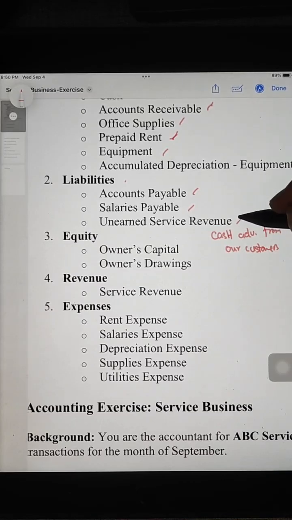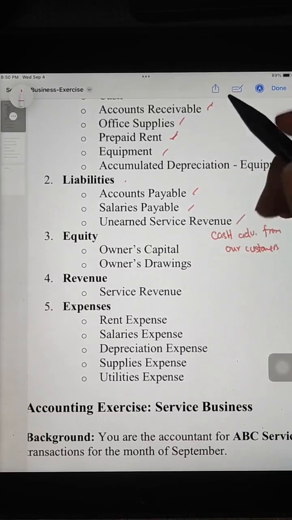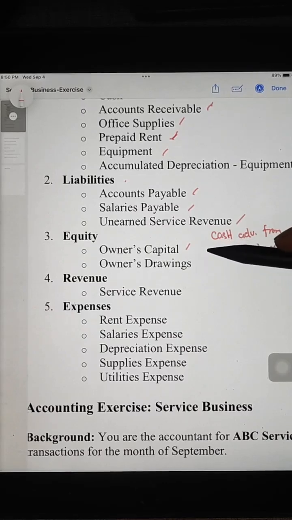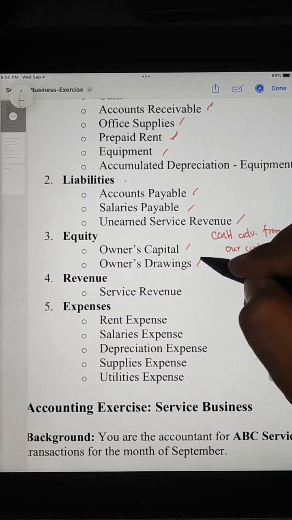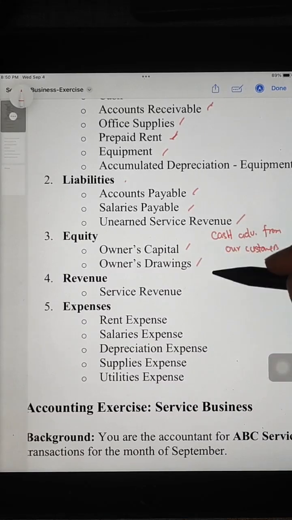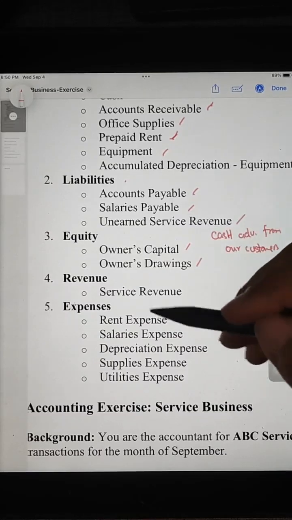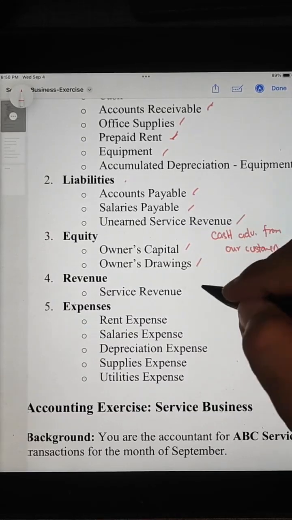So that is a debt and not an income. Equity, we have capital. If there is additional money or resources coming from investors or the owner, and the drawings, if resources are taken from the business and given to the owners.